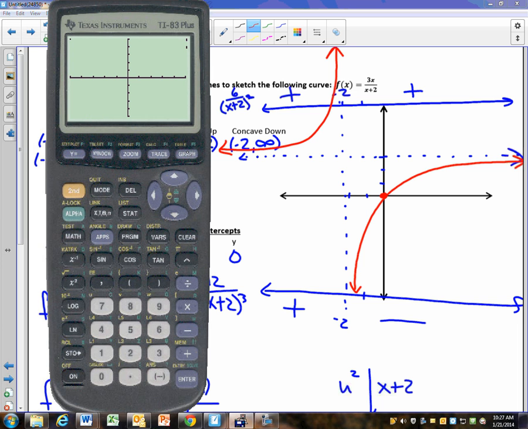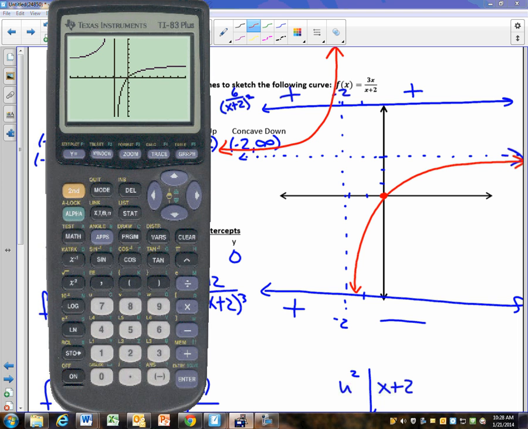This looks about what my window is like. Oh, I don't really get that. What's going on here? Okay, there we go. Now we see that portion.